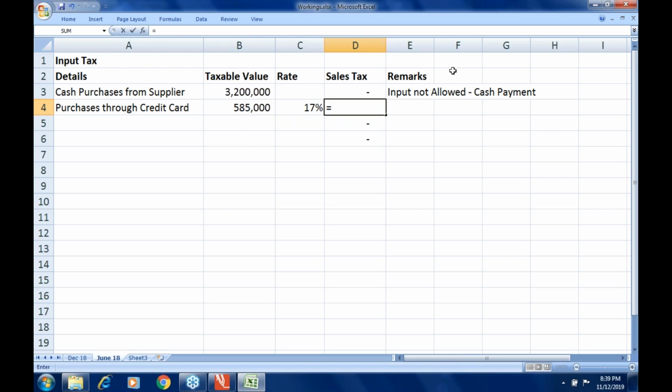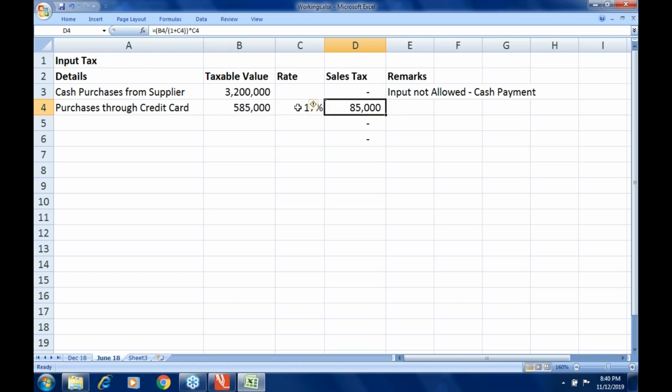We are going to say that the sales tax value is this divided by 1 plus, because this is an inclusive value, like this is 117%. So if this is 117%, we need to calculate 17%.